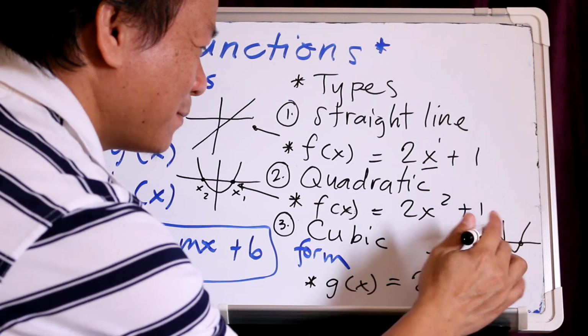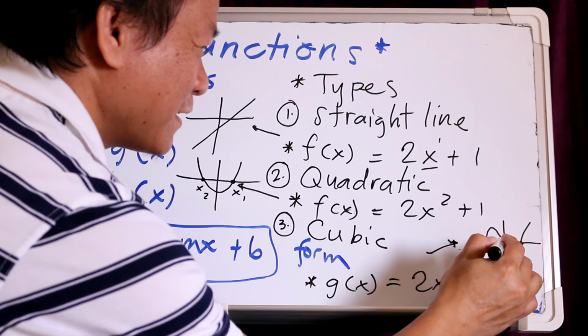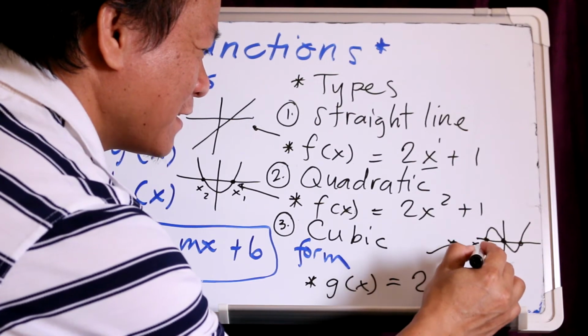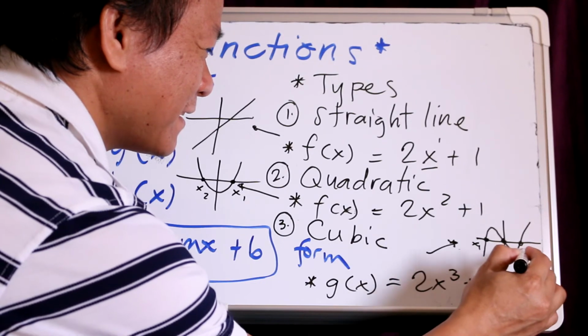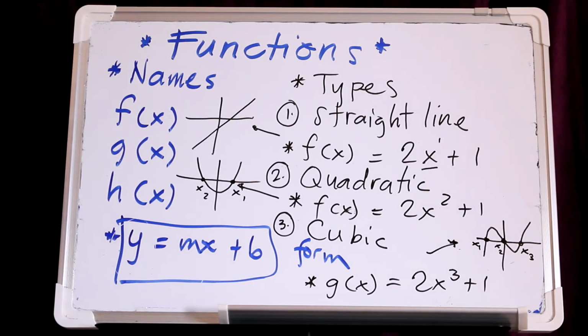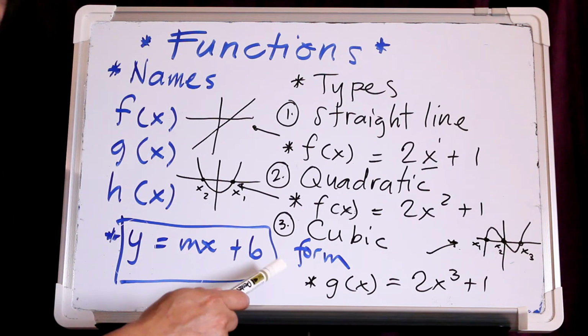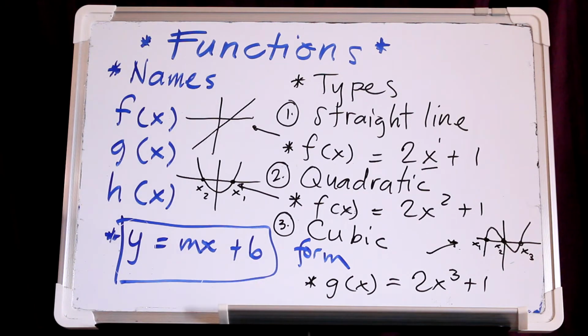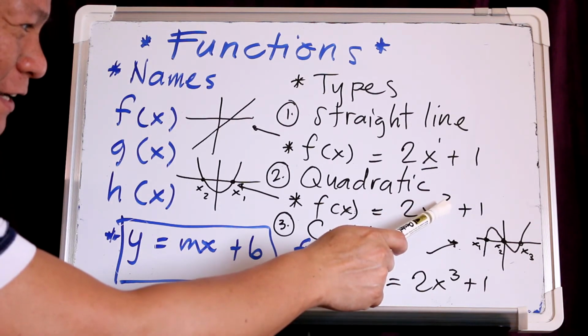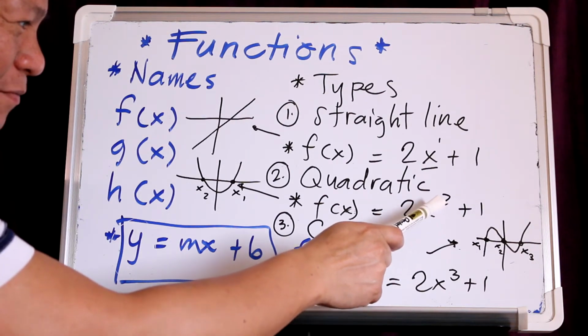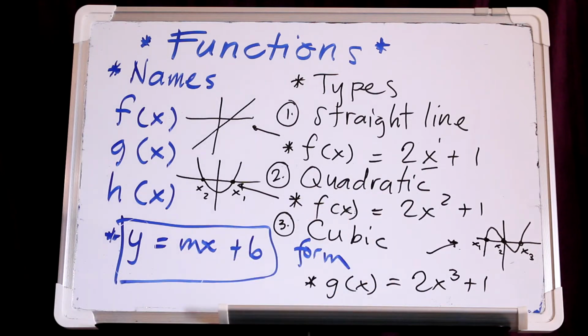Or maybe it's steeper, but the line would pass on the x-axis 3 times. More functions are exponential. That means instead of the squared here, it would be the x. And opposite to that is the logarithmic function.